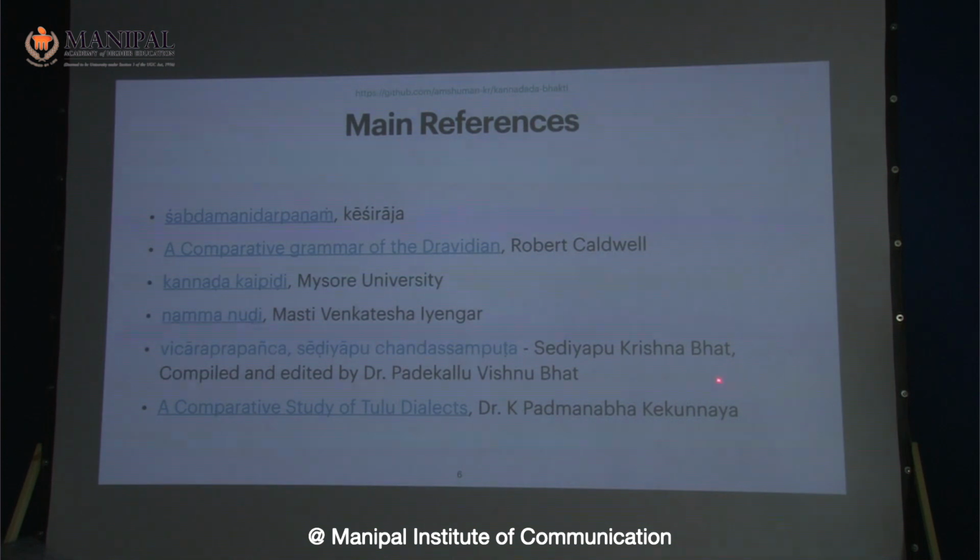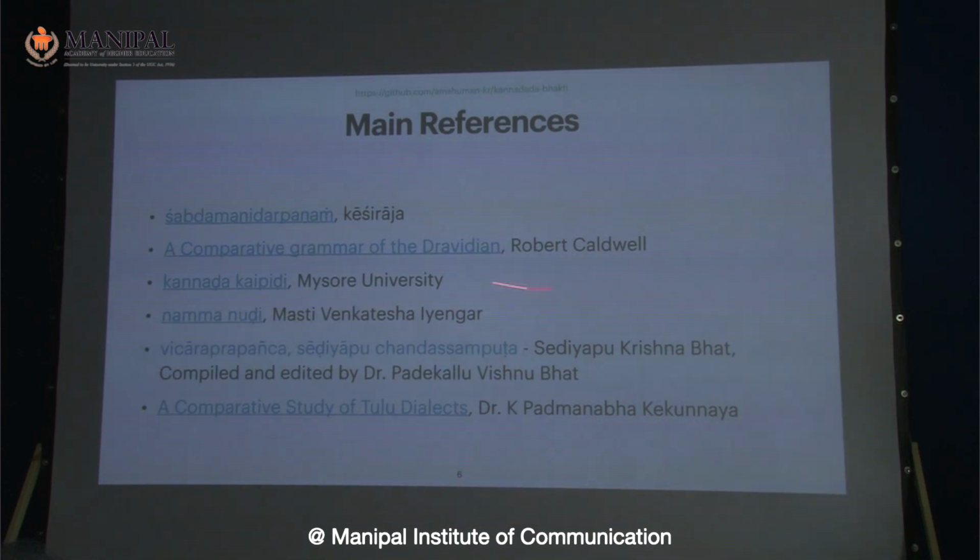And then I have mainly referenced Dr. Padmanabha Kekunnaya's book on the comparative study of Tulu dialects, because some of the variations help inform. Tulu showed me the door for unification of the first person pronoun, which actually solves a problem that Robert Caldwell abandoned.